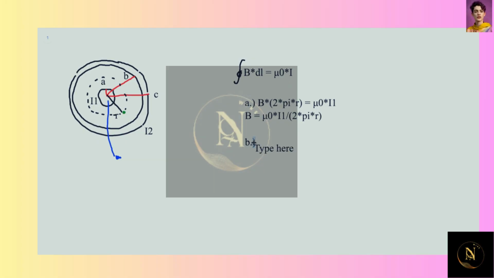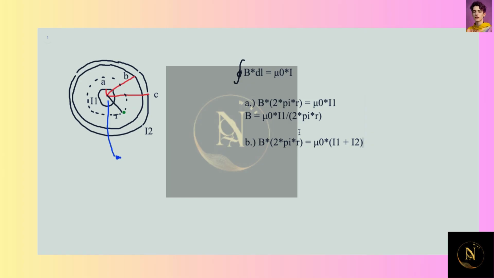We can use the exact same equation and setup, except now the current enclosed is going to be I1 plus I2. They're in the same direction. It doesn't really matter which direction, we can pick either one.